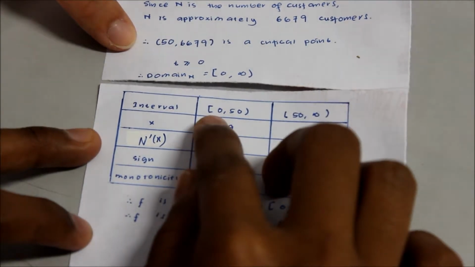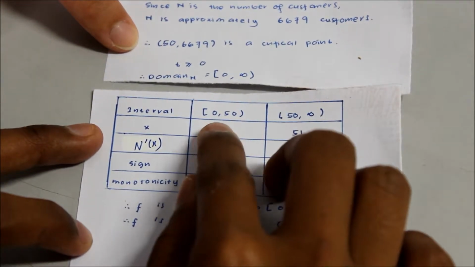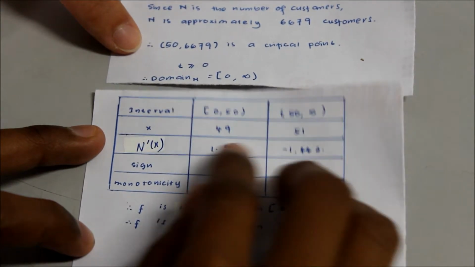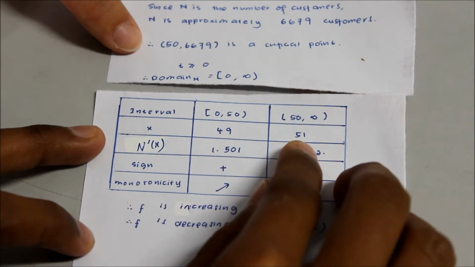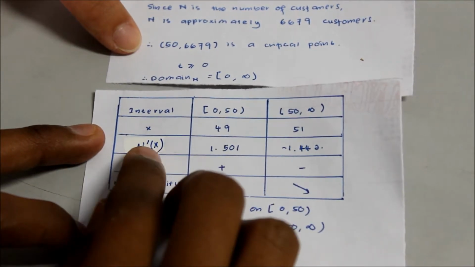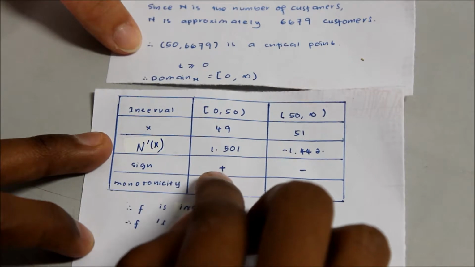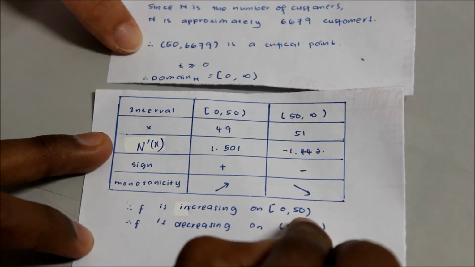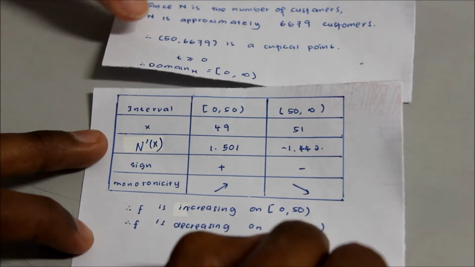Before and after: before is 0 to 50 and after is 50 to infinity, the reference numbers we get are 49 and 51. Substitute these reference numbers into the first derivative and we get a positive and negative sign. So f is increasing on 0 to 50 and decreasing on 50 to infinity.